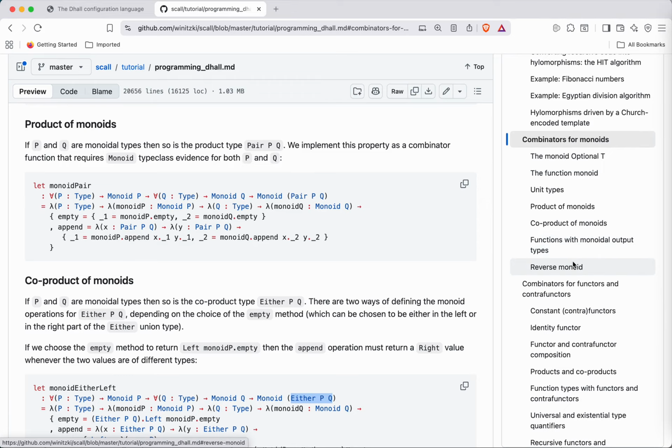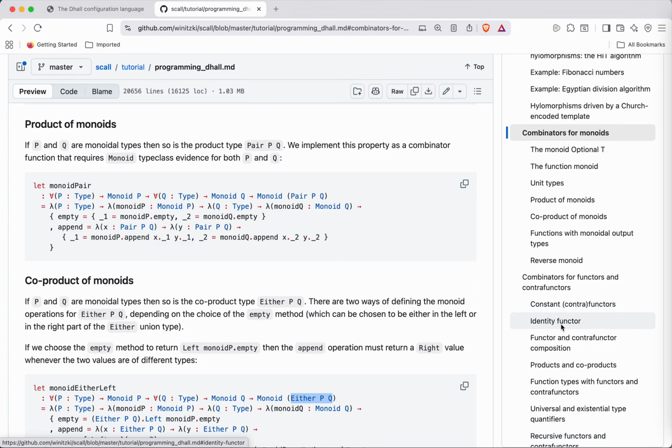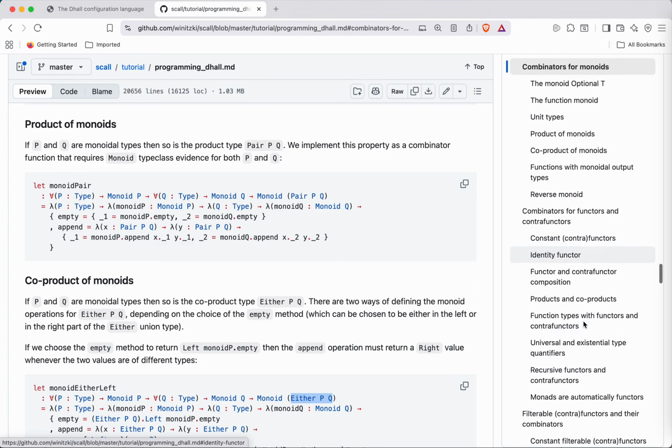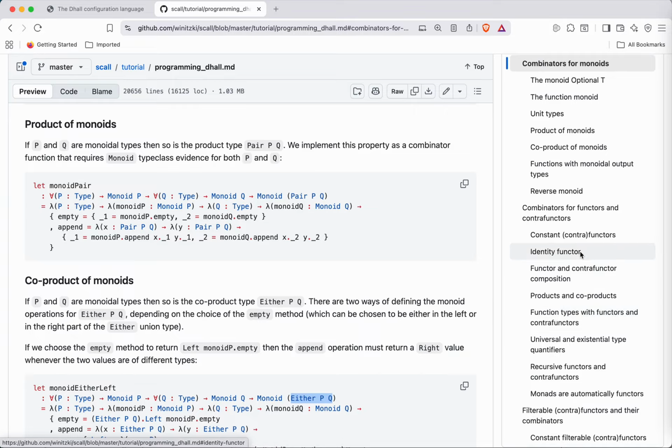So there are type constructions in system F omega, which are unit type, void type, unit types, products, coproducts, function types. Then there are also constant identity functors, but these are kind of fixed types.